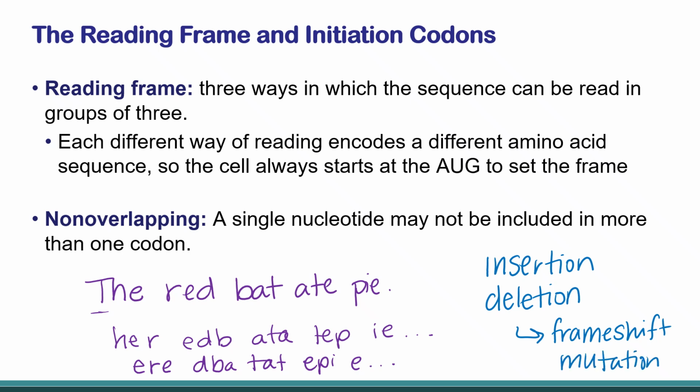It might start off okay, but if we insert, let's say, a B between red and bat, we get a whole new reading frame. We start out okay, but then if we continue to read in our triplets, we start to get nonsense.